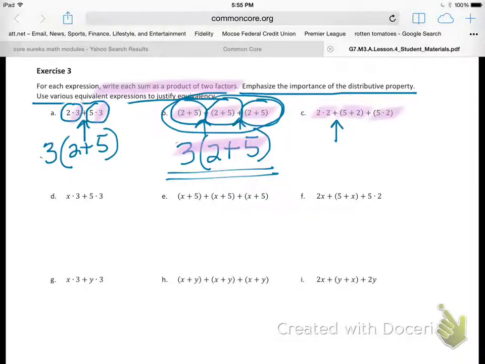Okay, so we can start by rewriting this expression. Oh, sorry, I got to start over on C here, because I said 5 plus 2 at the end instead of 5 times 2. So anyway, with this one, it's a little tricky, and that's why it's a good idea we do this together.